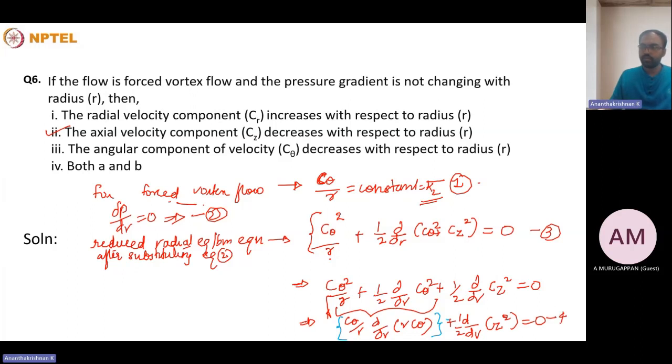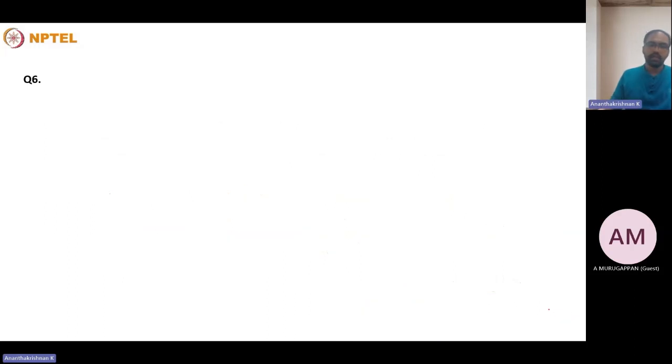So we can denote this equation by 4. And now we apply equation 1 in equation 4.